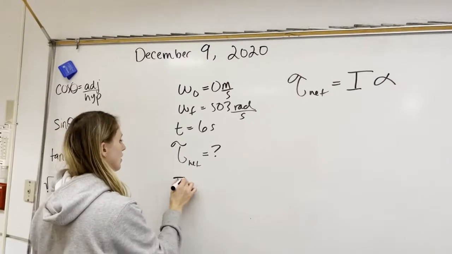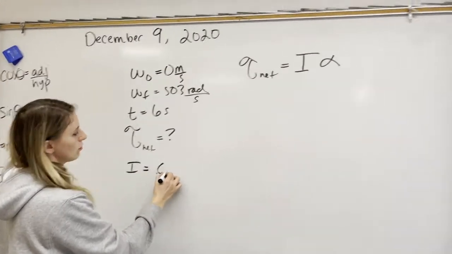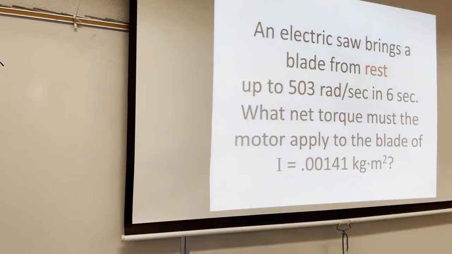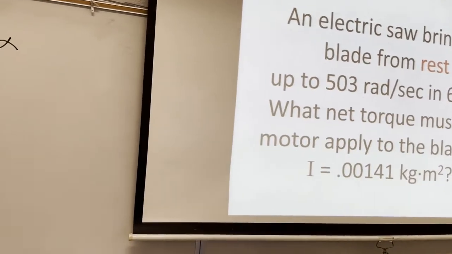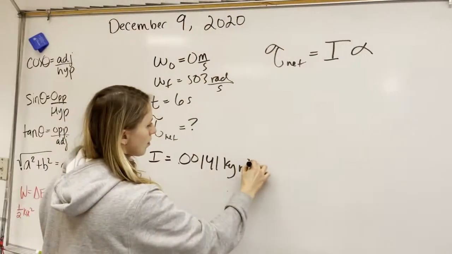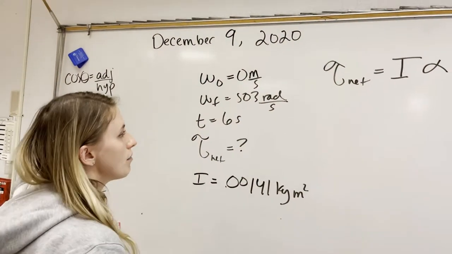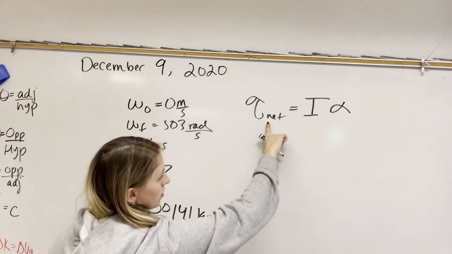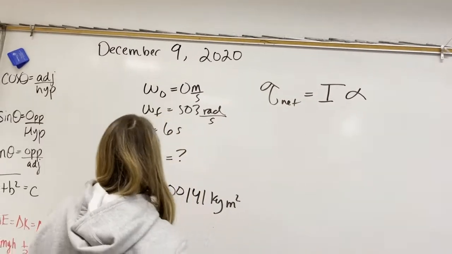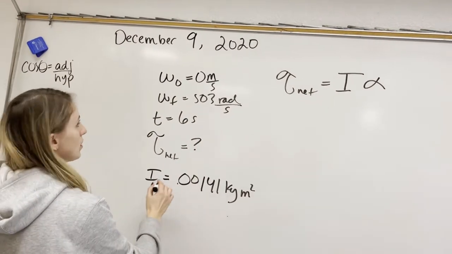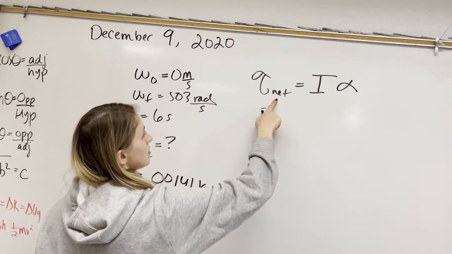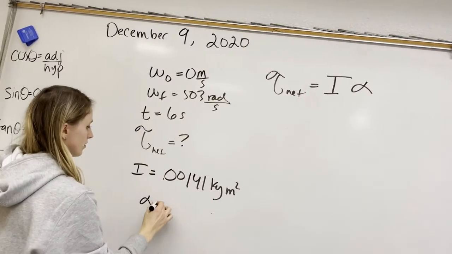And we also have the I here. They give us I: 0.00141 kilograms meters squared. If you're wondering how I got this, this is just force equals mass times acceleration. So we have this, we're missing this, we need this. Let's go ahead and find acceleration.